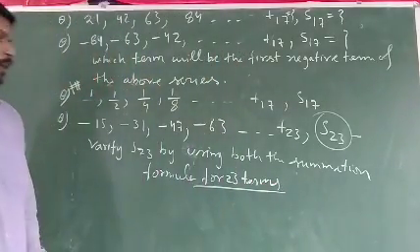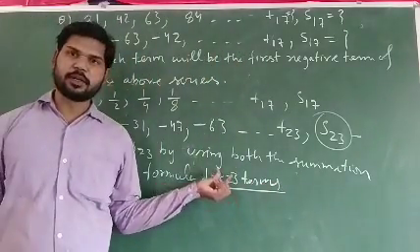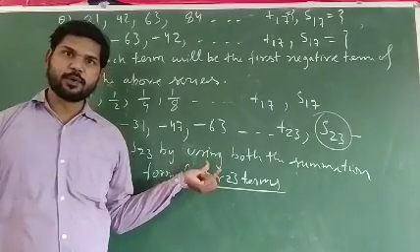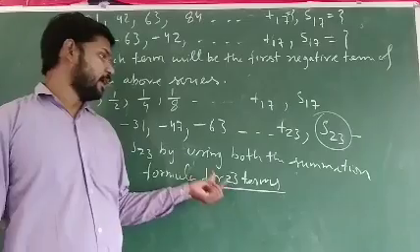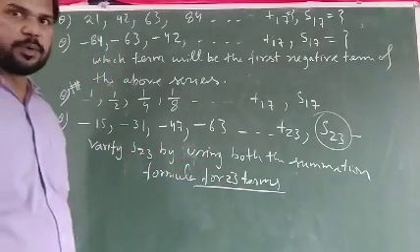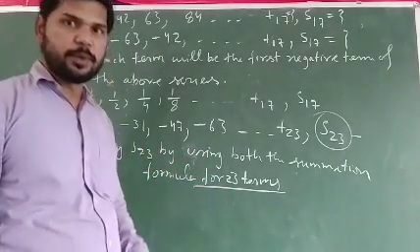Means you have to keep in mind, first you have to find the 23rd term, and then you can go with both the formulas: Sn equals n by 2 into (a plus l), and the other one, Sn equals n by 2 into (2a plus (n minus 1) into d).